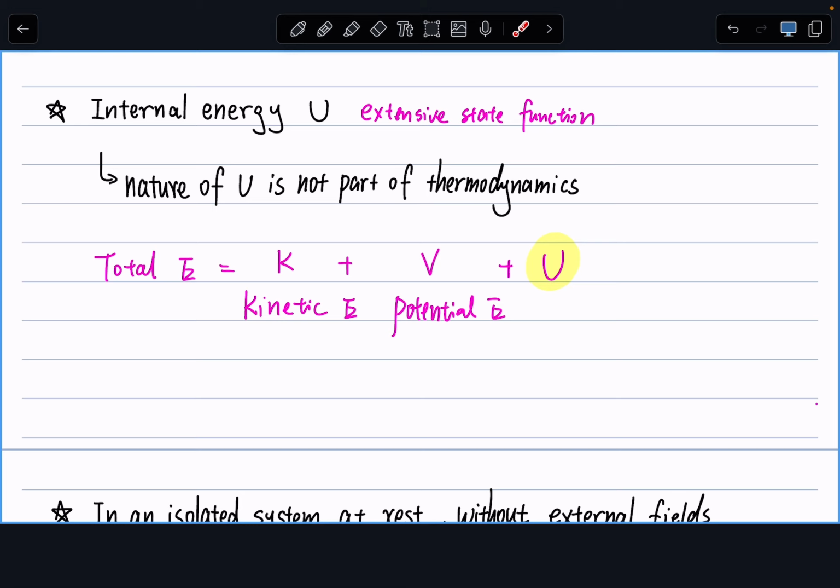If we have enough time, we'll have an introduction to statistical mechanics and answer the question, what exactly is internal energy? But for now, let's just save it. Let's say internal energy is part of the description of what the nature of that system is.